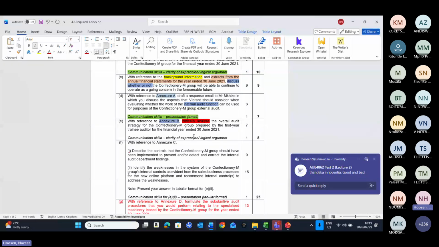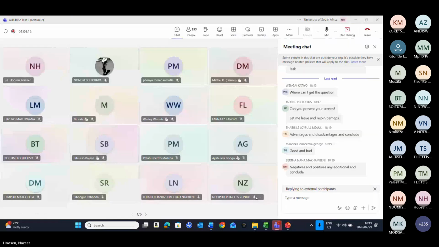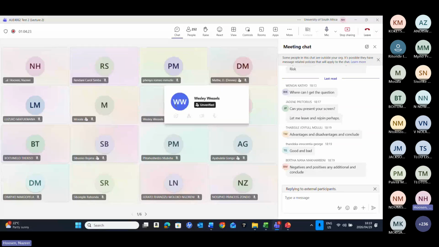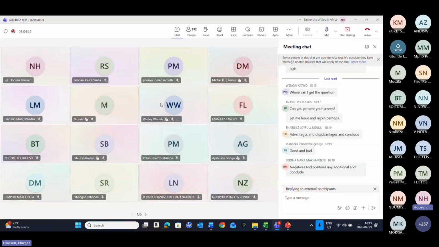Yes, Tandeka. Sorry, I didn't get to who gave that brilliant answer. Could you please maybe give an example or so, elaborate on what you've stated? I'm trying to think of an example that's appropriate.